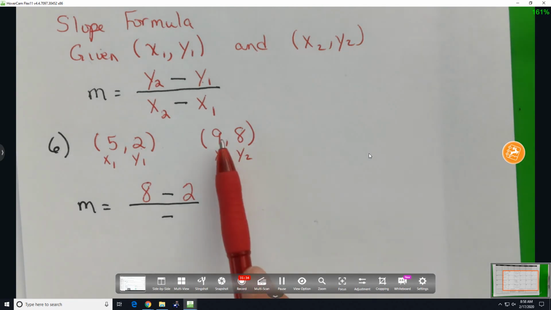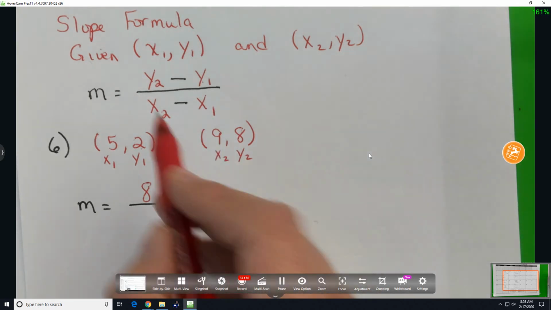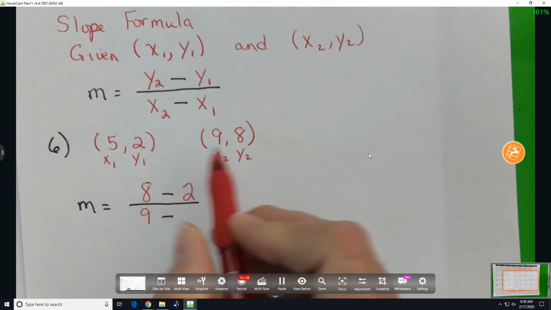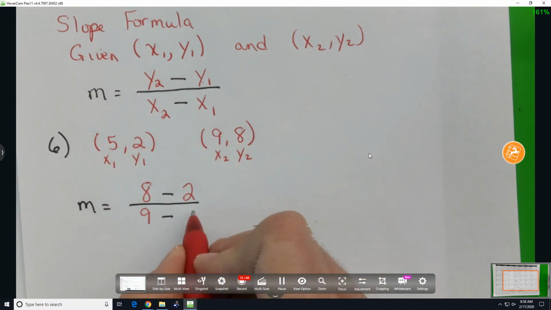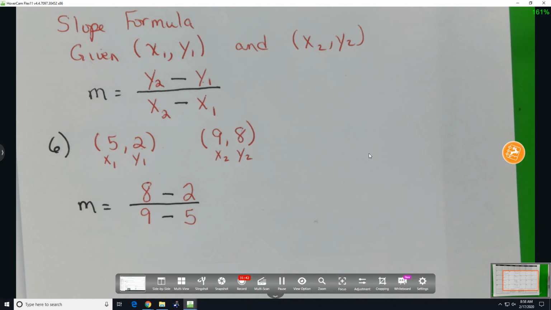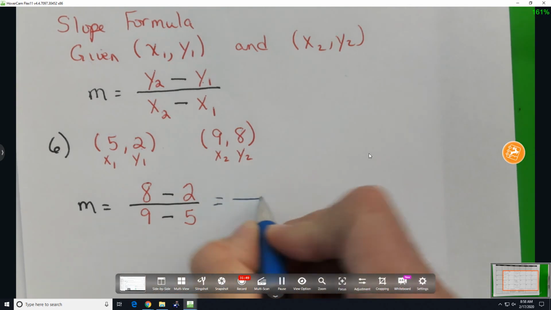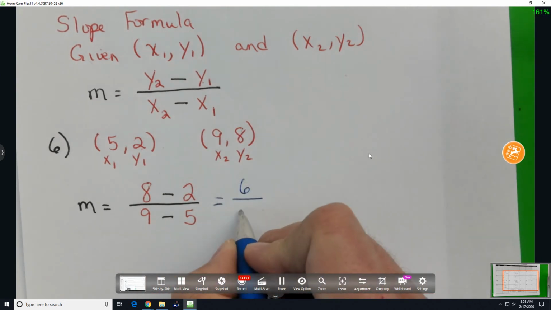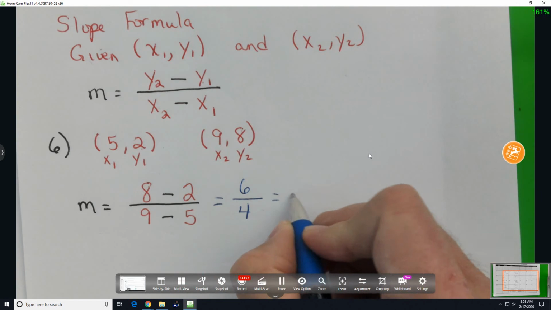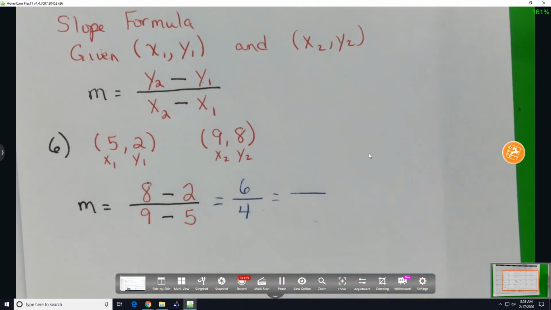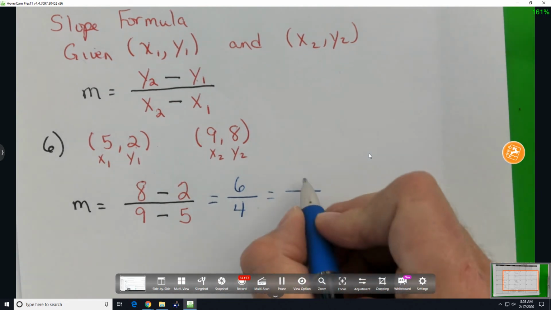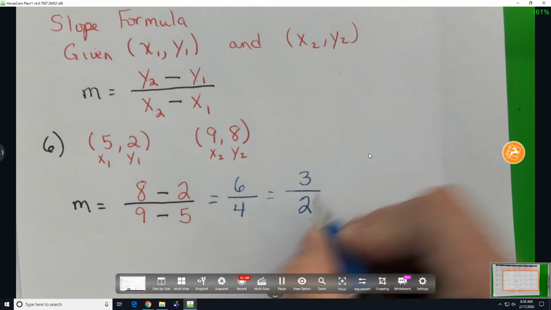And then run, x2 minus x1. So let's see, we have the fraction, what, a 6 over 4? Which we could reduce to, by dividing above and below by 2, what would we have? 3/2? Yeah.